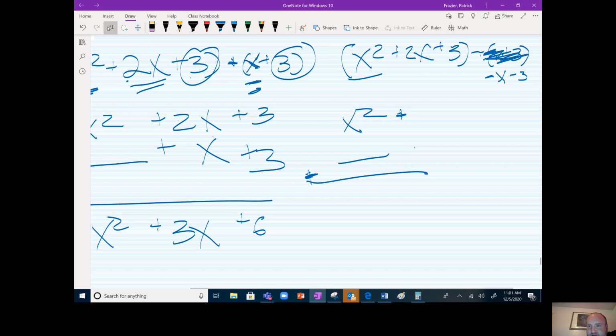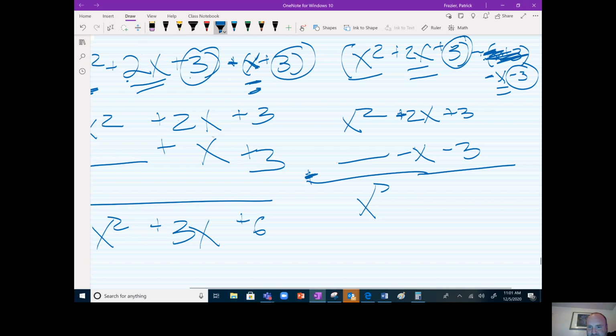X squared plus 2x minus x, and then plus 3, just like before, so then that's negative 3. Well, x squared plus blank is still x squared. 2x minus x is plus x. And 3 minus 3 is 0. So we just have x squared plus x.